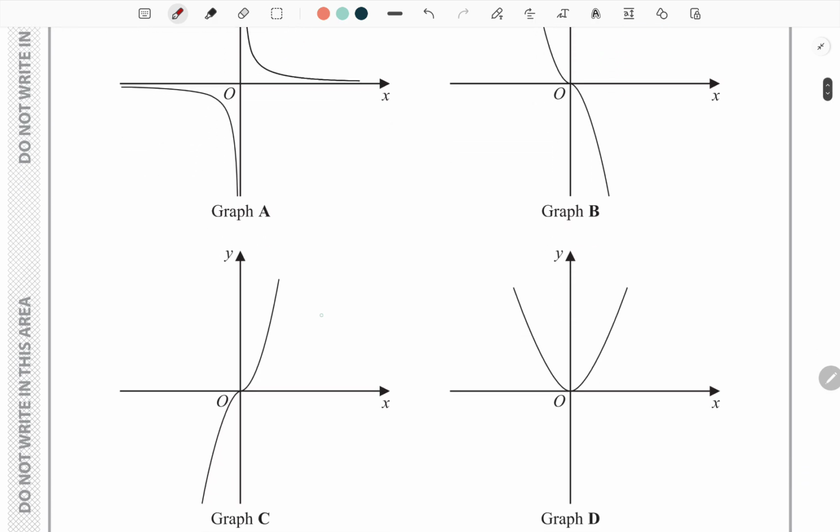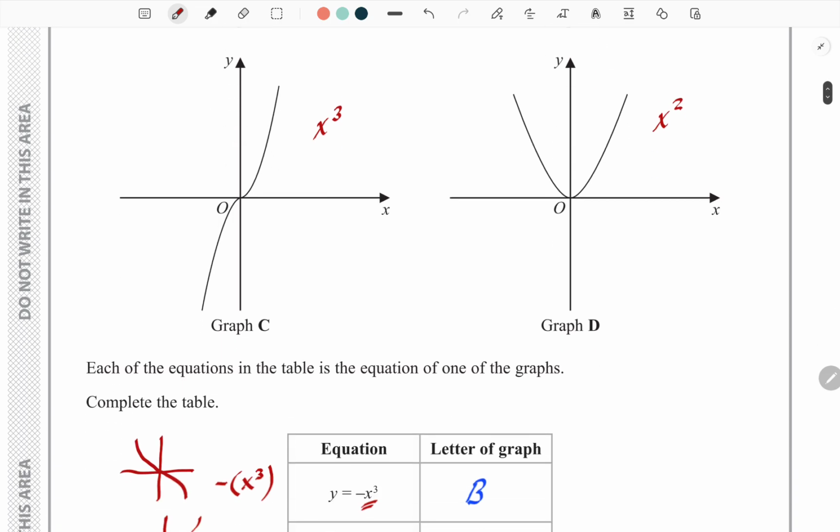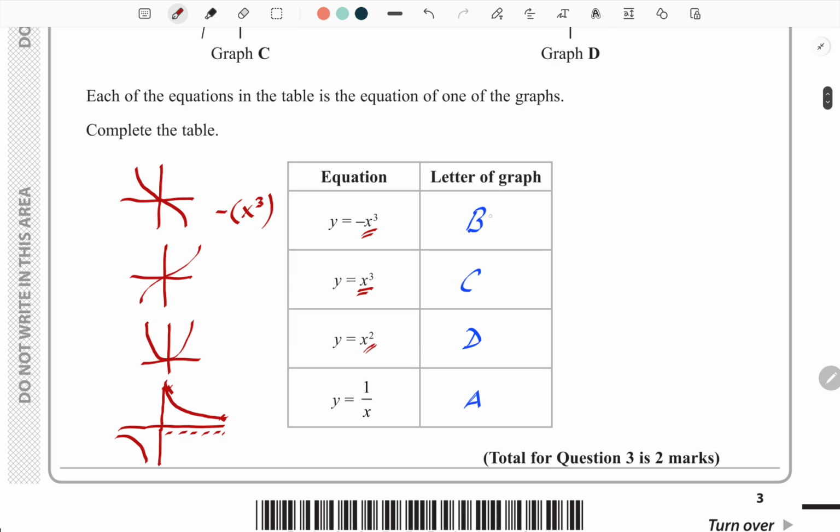Graph C is your straightforward x cubed, and graph D is your x squared. So that is where we got these answers from. So the answers are in that order, B, C, D, A, etc.